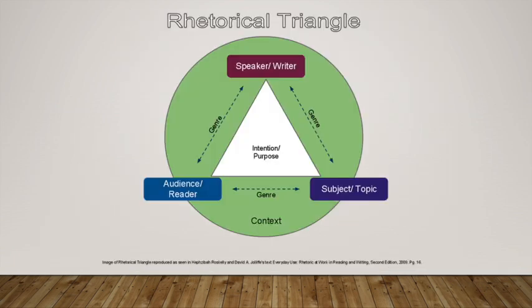So let's go back to the rhetorical triangle for just a second, because one of the questions we want to ask ourselves is, what's the point? What can genre do for us when we write? Well, I think when we just looked at Twitter with regards to writing, if you are writing in the genre of Twitter, you have those specific conventions that you have to adhere to.